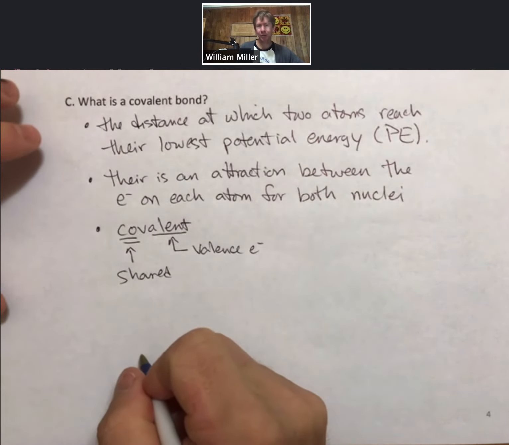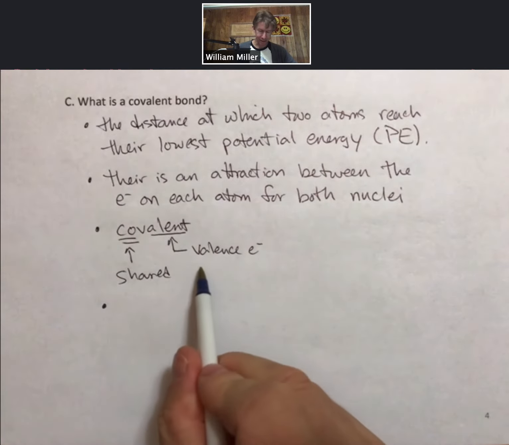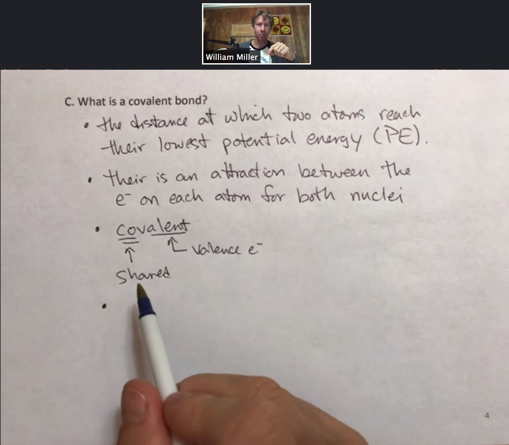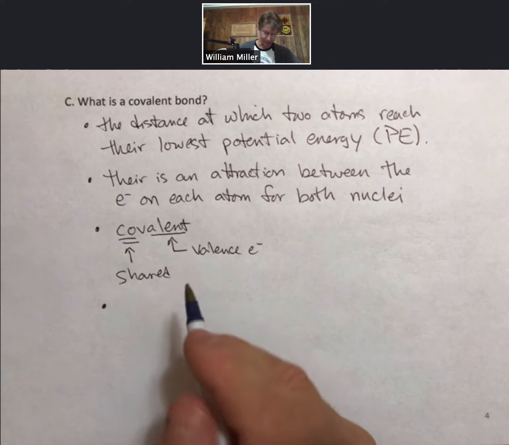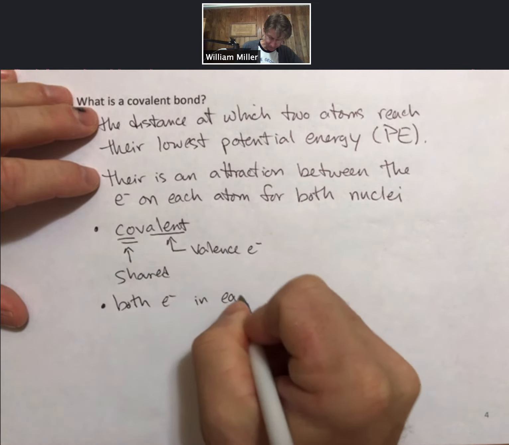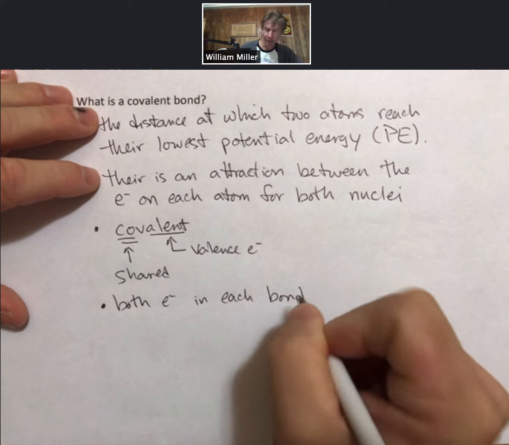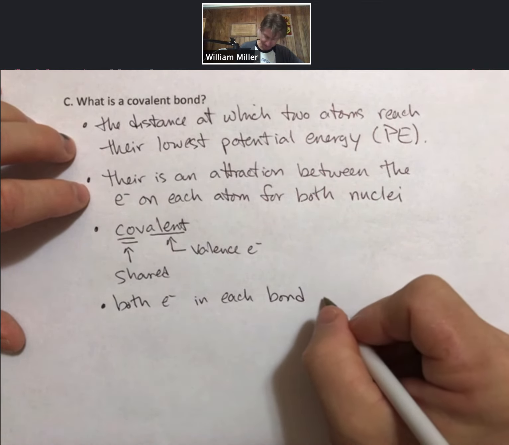By shared valence electrons, both electrons in each bond count for each atom's octet.